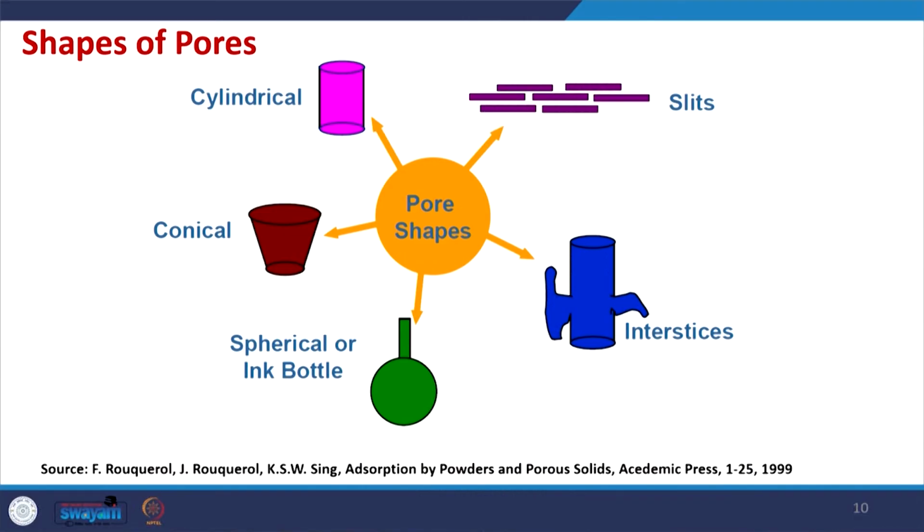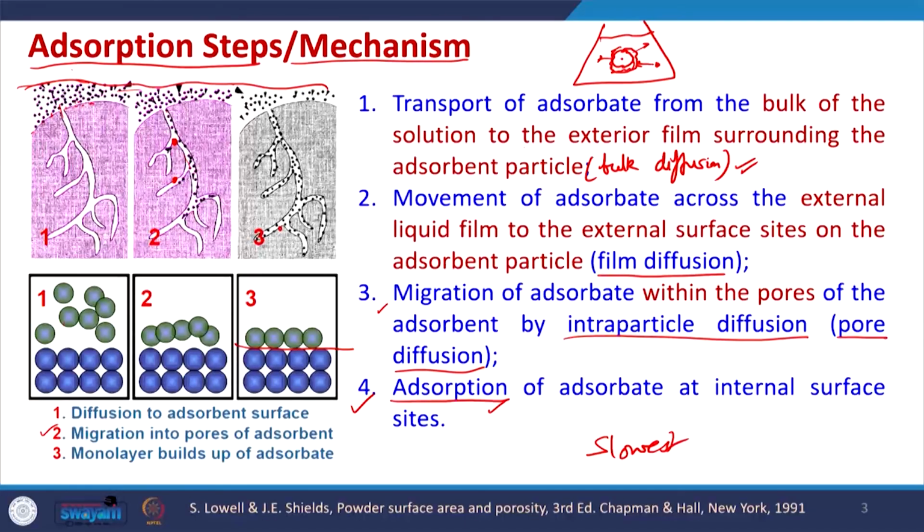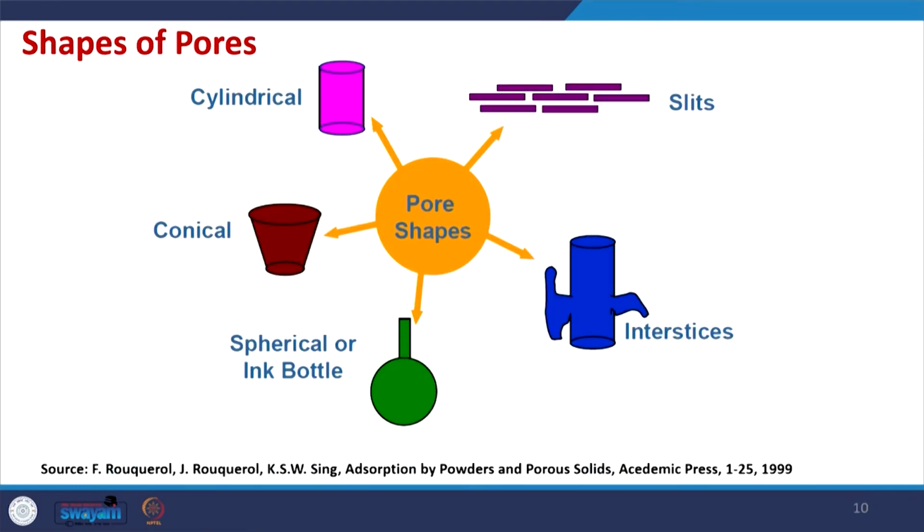Now, there are different possibilities of shapes of pores also. Already we discussed that there is a possibility of cylindrical pores, like here you can see we may consider this to be a cylindrical pore. There are many other types of pores also possible, like slit shaped pores and conical pores.